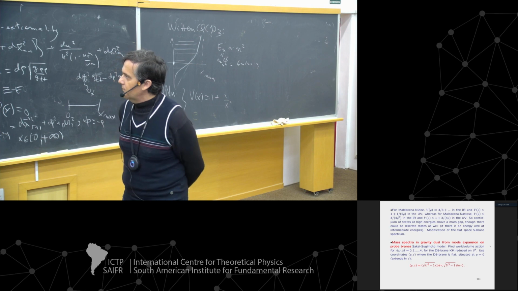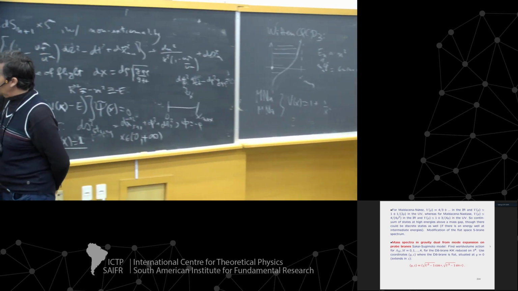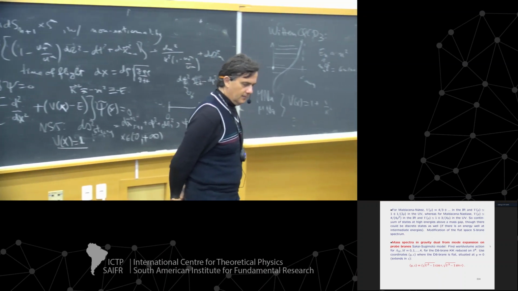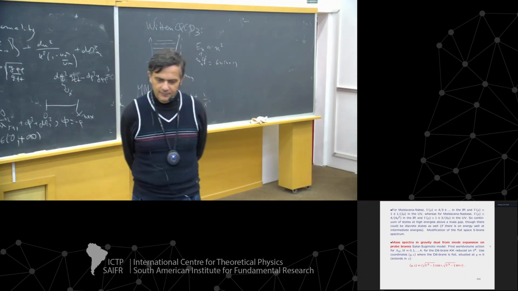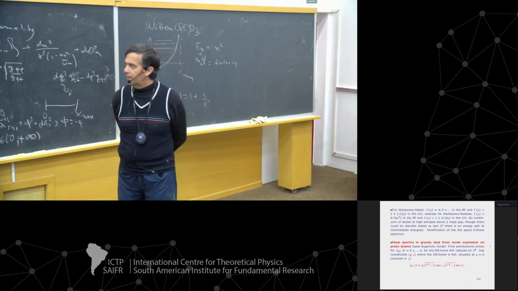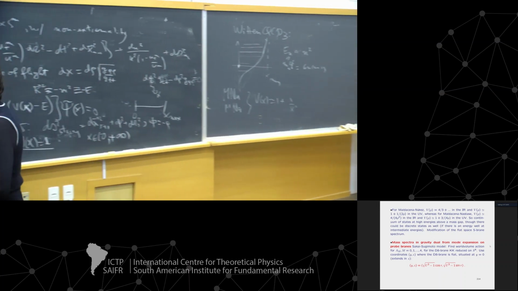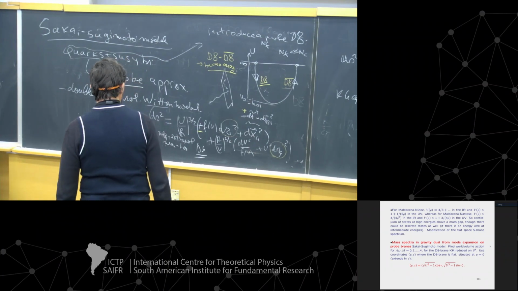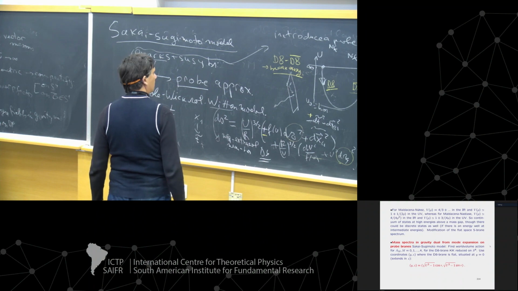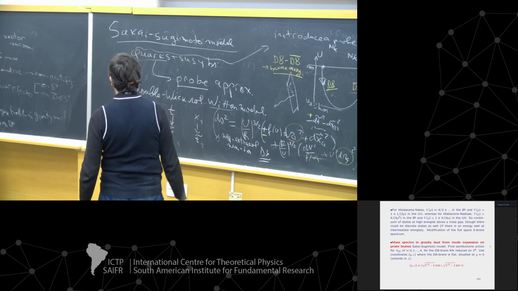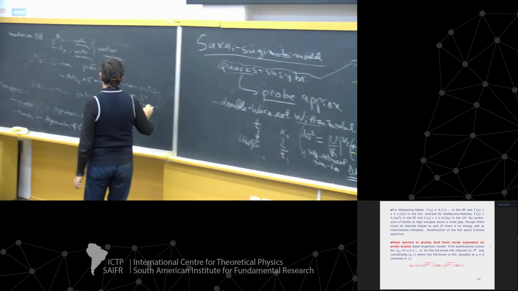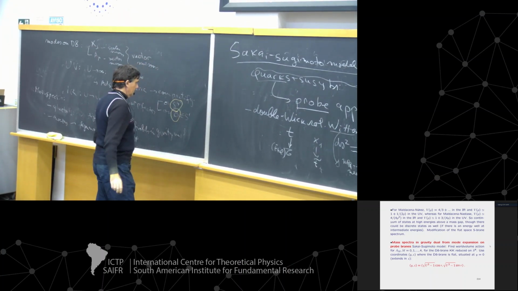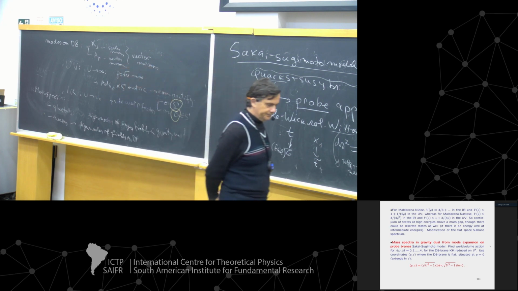So this is what happens in the Sakai-Sugimoto model. In the Sakai-Sugimoto model, we consider the spectra for the D8 brane. The D8 brane has to be compactified both on S4 and on tau.